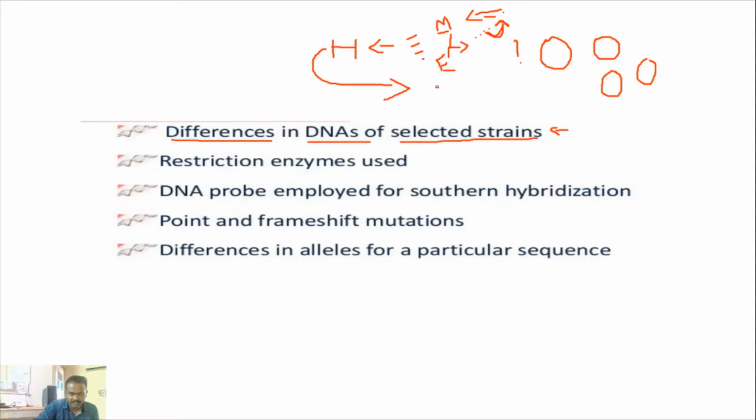That time people check the differences in the DNA for the selected strains.